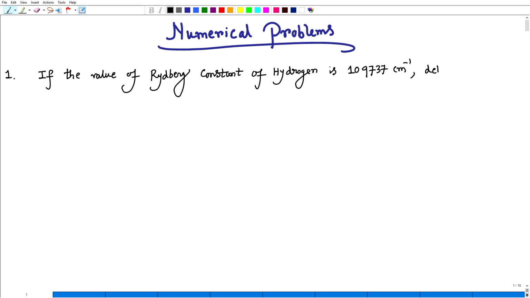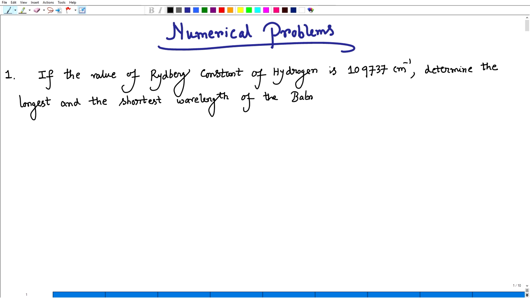Then they ask to determine the longest and the shortest wavelength of the Balmer series. So, this is our question.